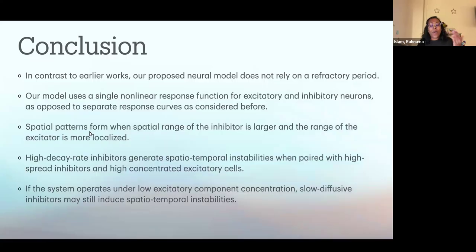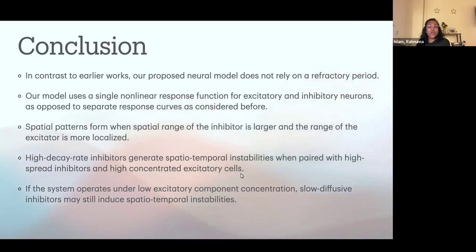And our bifurcation analysis shows that a spatial pattern, or Turing bifurcation, occurs when the spread of the inhibitor is larger than the spread of the excitator. And the spatiotemporal instability usually occurs when the decay rate of the inhibition is very high, and also the spread of the inhibitor is very high, considering that the excitatory cell concentration is very high.